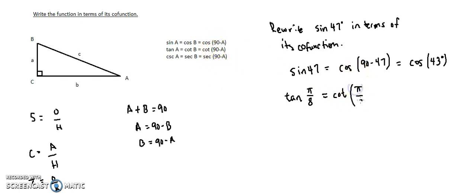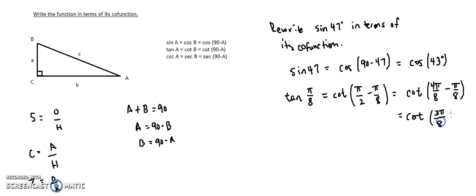So if we're in radians, we would do pi over 2 minus pi over 8. And of course we need to get a common denominator here. Oops, not cosine, cotangent. So that's going to be 4 pi over 8 minus pi over 8. And we get that this is equal to cotangent of 3 pi over 8. Okay, so we can rewrite tangent as cotangent.